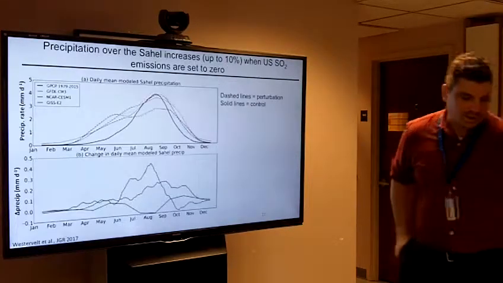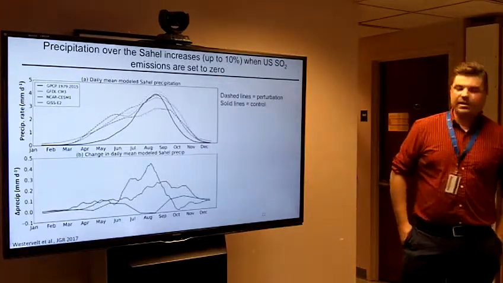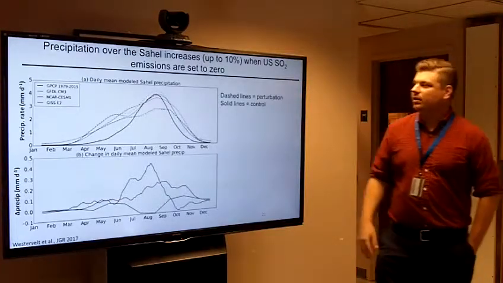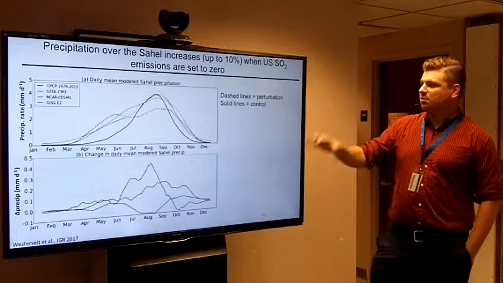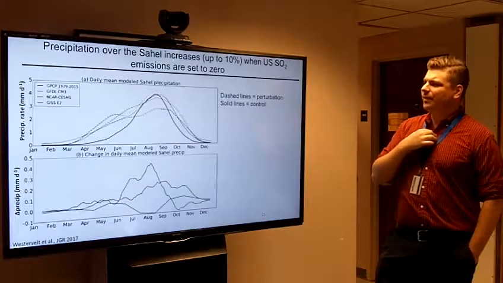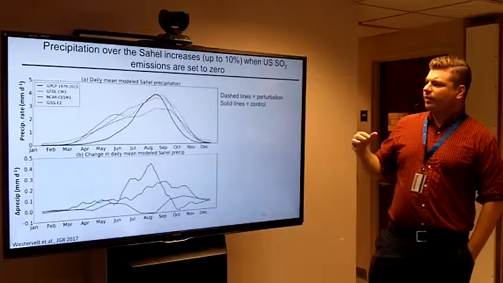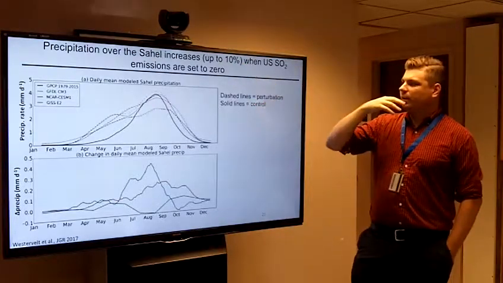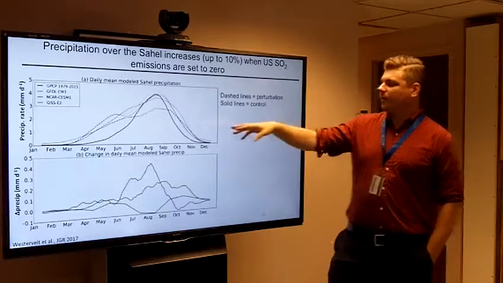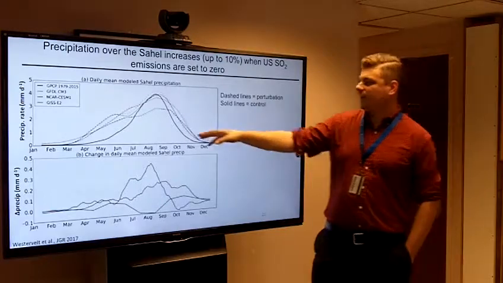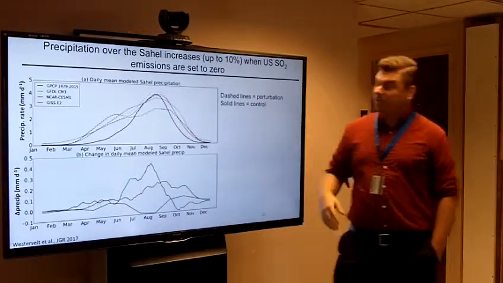But I wanted to show specifically what's going on here with daily precipitation. So these are plots of daily mean modeled Sahel precipitation, smoothed with, I think, 15-day running averages or something like that, over the different models, GFDL, NCAR, and GISS, and then the black line is the GPCP.